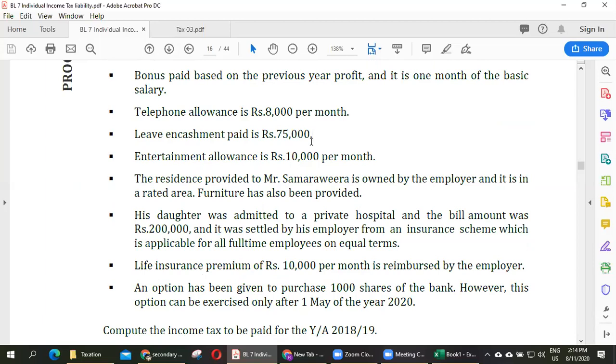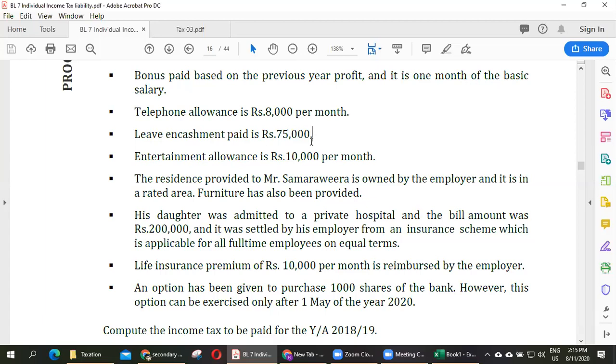The residence provided to Mr. Samaravira is owned by the employer, and it is in a rated area. The house is provided with furniture. His daughter was admitted to the private hospital, and the bill payment was 200,000, and it was settled by his employer from an insurance scheme which is applicable for all full-time employees on equal terms.